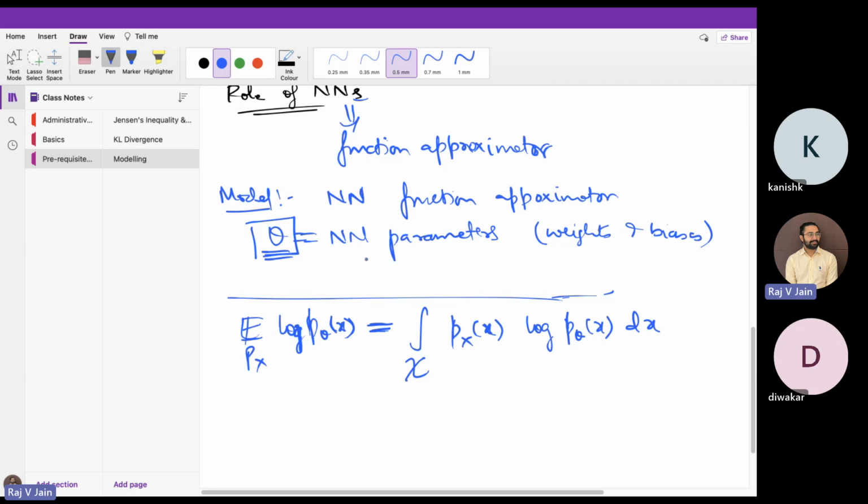Whatever you give as input, it'll spit out some output. But that's fine for me because I'm taking the integral over only x. Outside this x, I don't care how p theta behaves. That will be an issue when we go internally, which we will deal with later. But that's not the issue here, because the integral is well defined. P theta of x need not be 1 under the support of x. That is also fine.